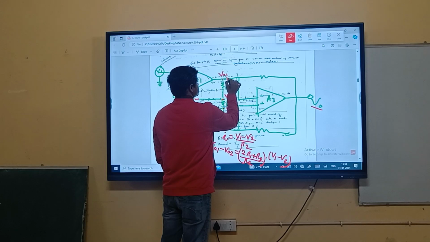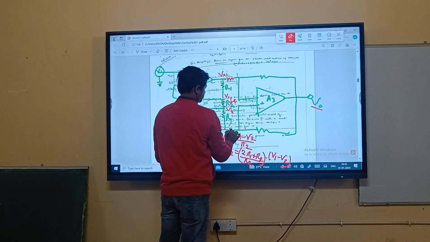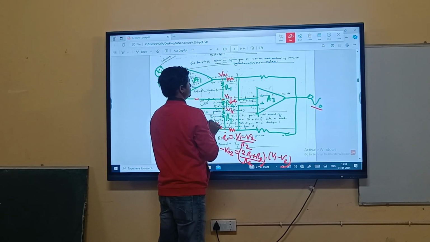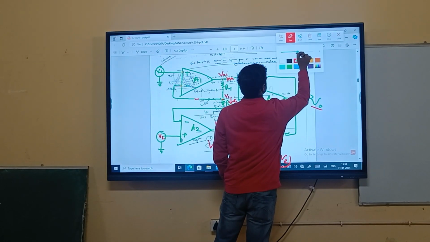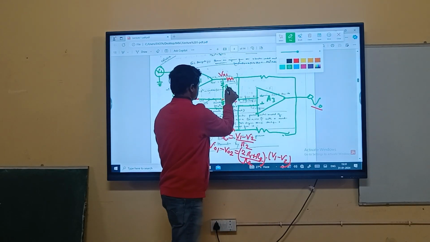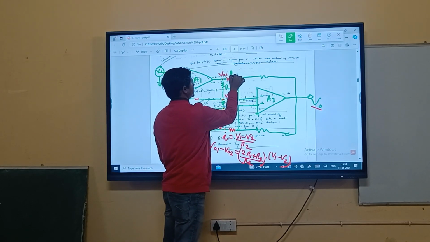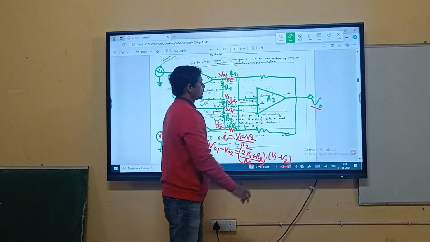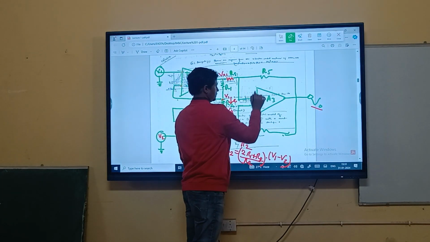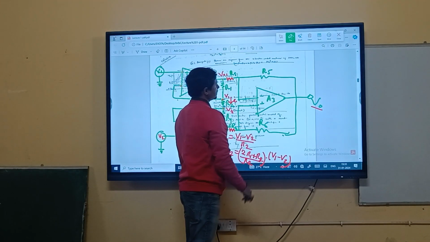Let us put some resistance here because I cannot maintain the unity resistance somewhere. For my purpose, since these are R1, R2, let this value be R3, this value R4, this one R5, R6.